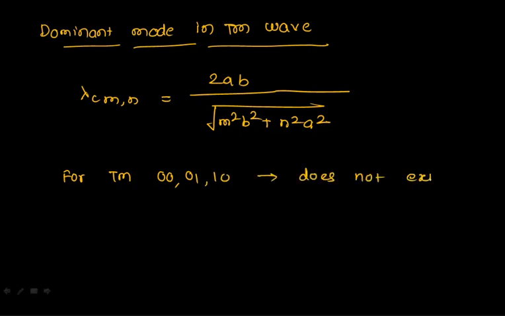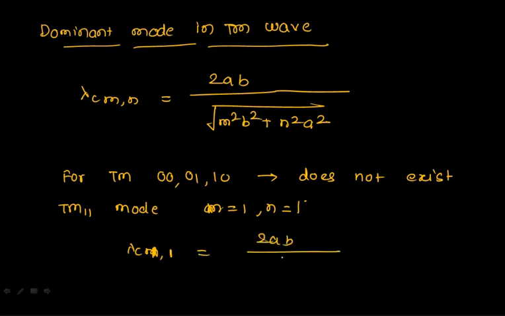As these modes do not exist, I should put the values of the TM11 mode. So in the TM11 mode, M is equal to 1, N is equal to 1. So what will be this value here? Lambda c11 will become twice of AB divided by root of B square plus A square.